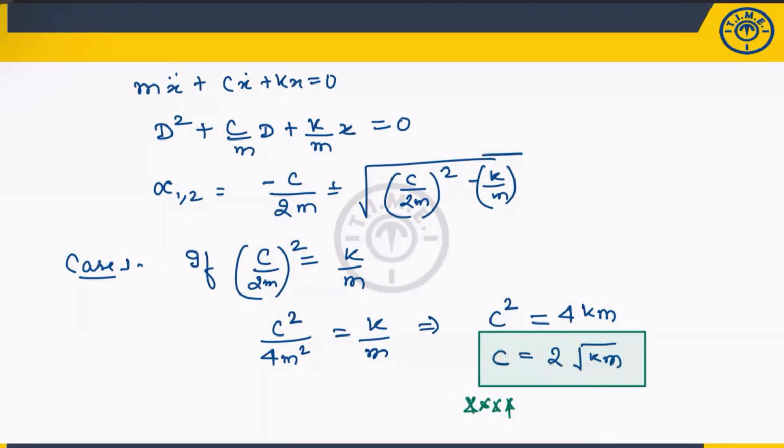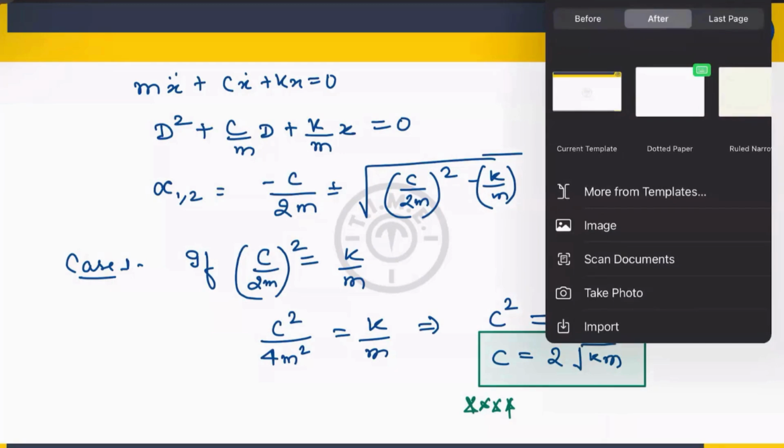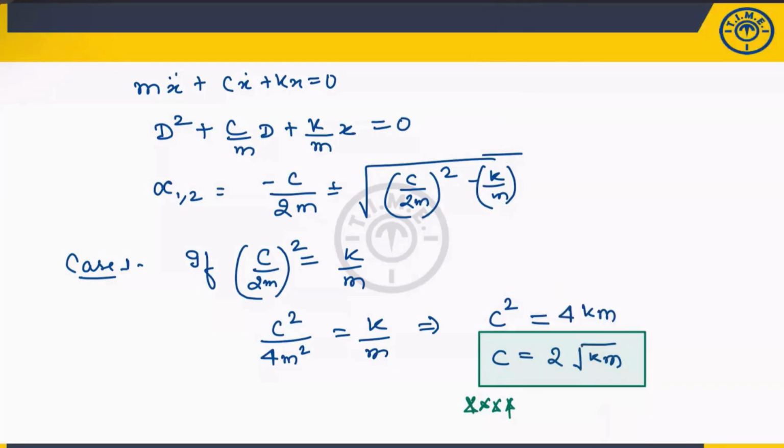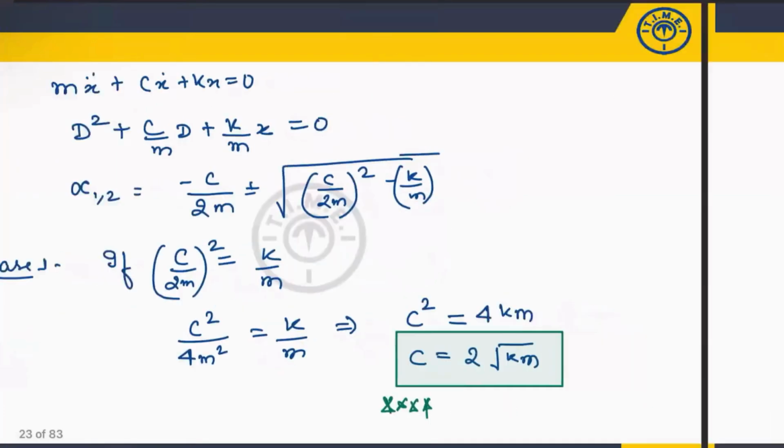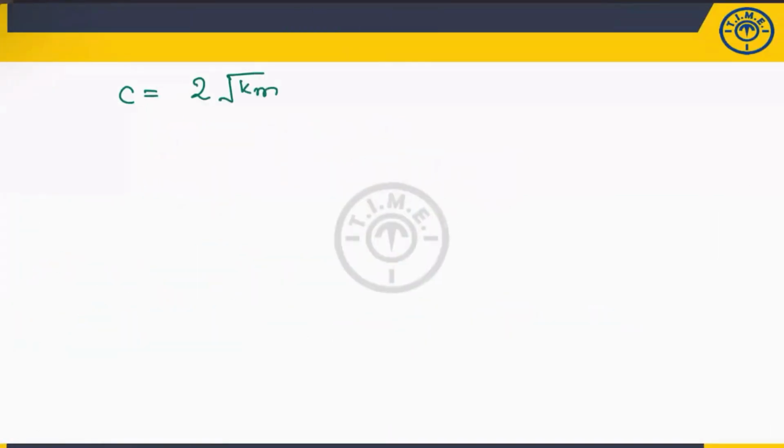Now, suppose I want to modify this relation in terms of other things. The c you got as a damping constant is nothing but 2 root of km. You know the natural frequency is root of k by m.